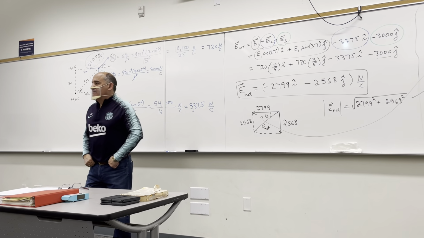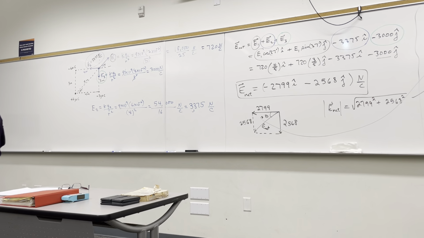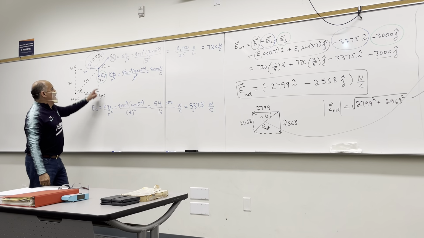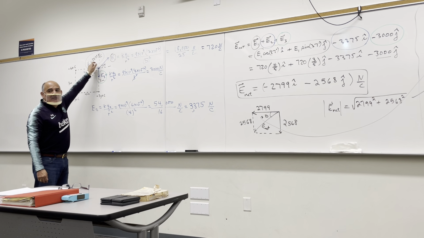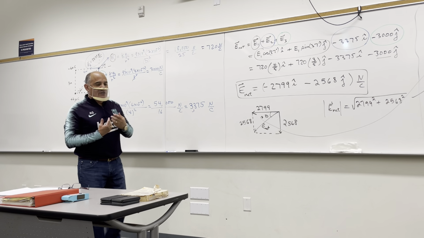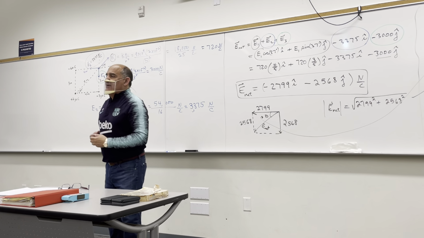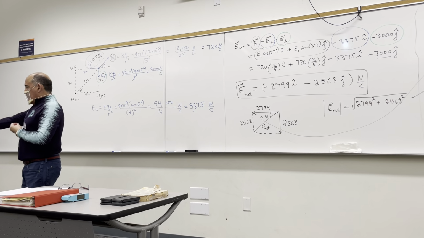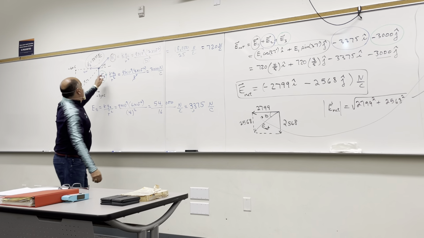Questions? It's yet another exercise in adding vectors, except that the physics you need to know is how you calculate the magnitudes and directions of these 3 electric field vectors. If you remember that the positive charge generates an electric field pointing away from it, and a negative charge generates an electric field pointing towards it, then you have the correct directions.